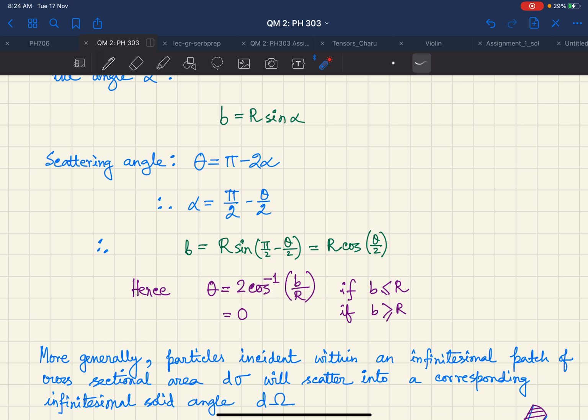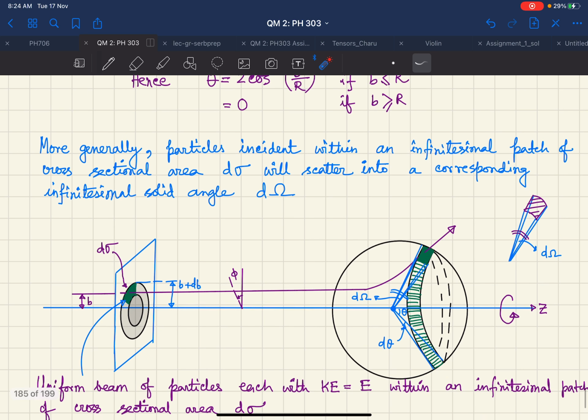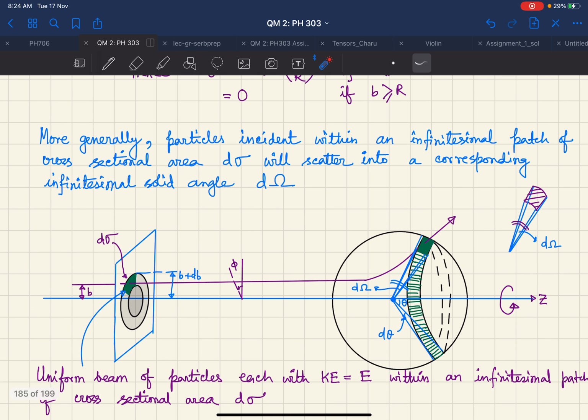Now, more generally, particles incident within an infinitesimal patch of cross-sectional area d sigma will scatter into a corresponding infinitesimal solid angle d omega. This is very important, because this formula will be required later on. So let us understand this part a little more carefully. Suppose I have a stream of particles incident within an infinitesimal patch of cross-sectional area d sigma.